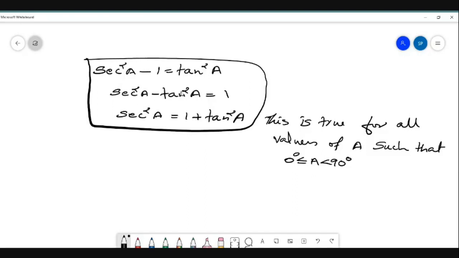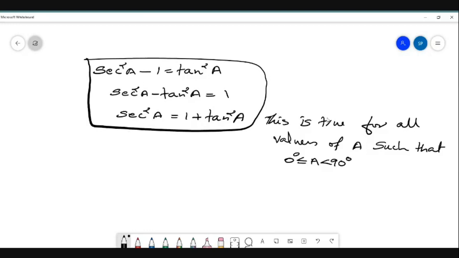So sec square A minus tan square A equal to 1. And if you want to convert tan square in terms of sec square, this is how we write: tan square A equal to sec square A minus 1. And if you want to write sec square A in terms of tan square A, this is how we write: sec square A equal to 1 plus tan square A. You can learn in any order.